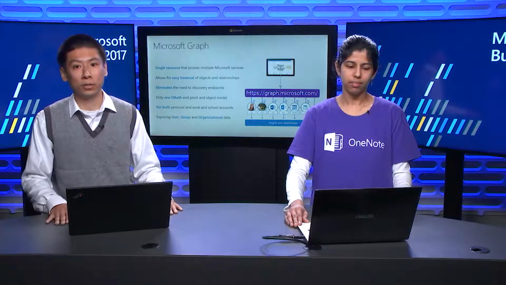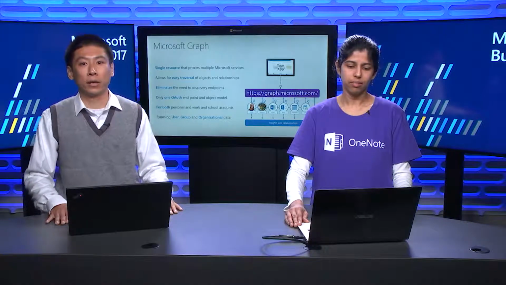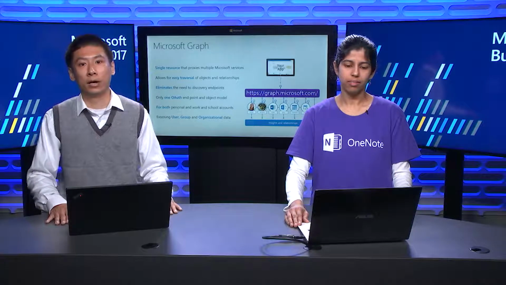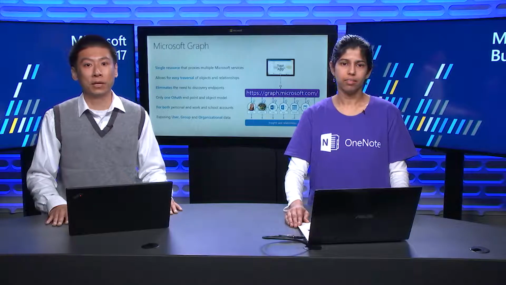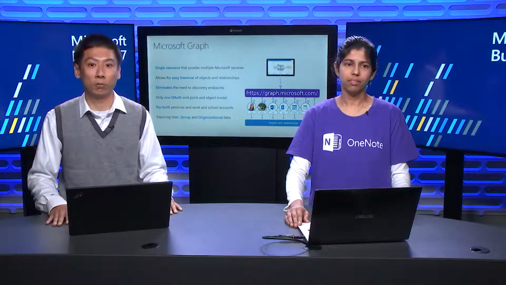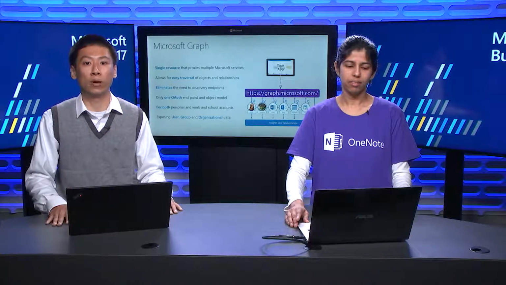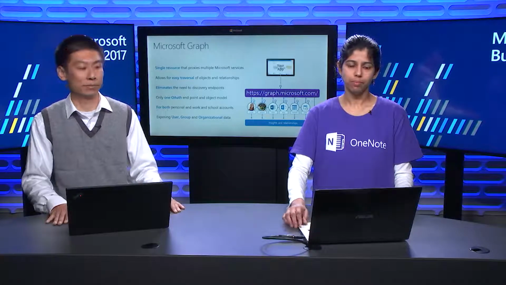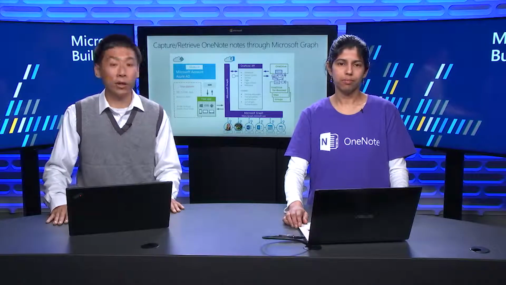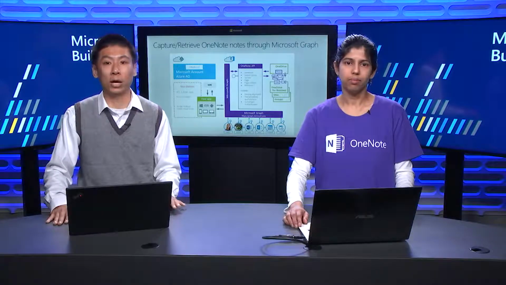The second advantage is if your application needs to call APIs across Microsoft products and services, graph.microsoft.com provides you a single endpoint that your application can use to get access to those APIs. OneNote APIs on Graph is quite powerful.